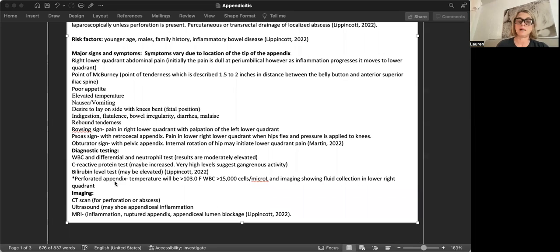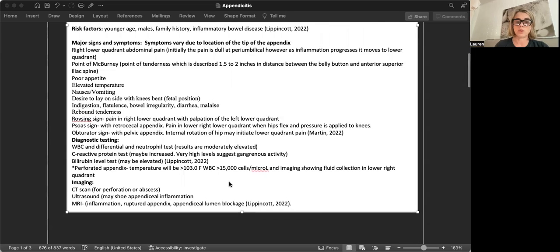With a perforated appendix, temperature will be greater than 103, your white blood cell count will be greater than 15,000, and imaging will show fluid collection in the lower right quadrant. As you see, I noted imaging: CT scan, ultrasound, and MRI. To the right, you'll see what that is going to show under imaging.